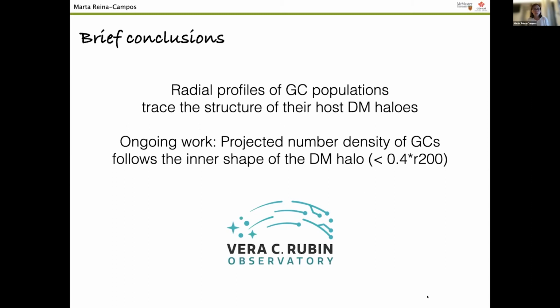This is one of the things we're looking at. The way we're drawing the contours is that we first determine radial profiles, and then we draw the contours corresponding to the density for a given radius. One of the things I'm doing is changing the radii for which I'm drawing the contours, and I'm seeing that for quite small radii, they're still tracing each other.